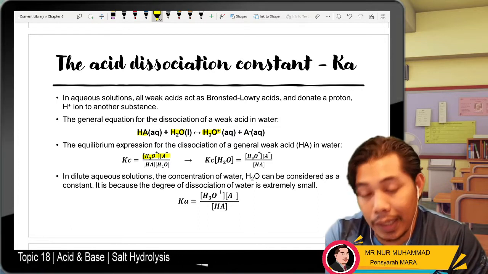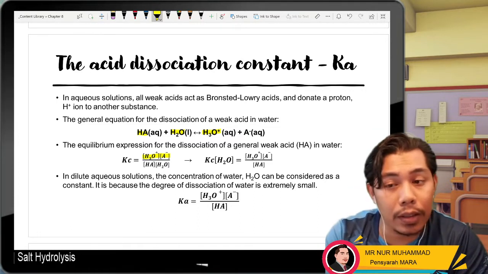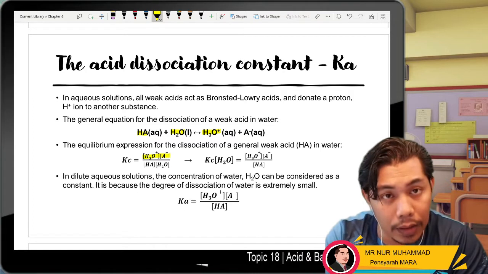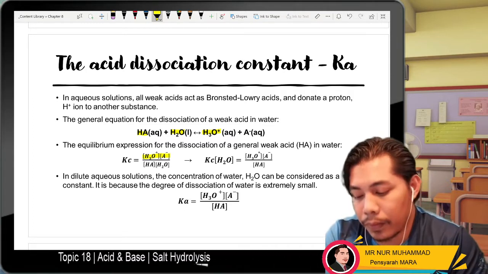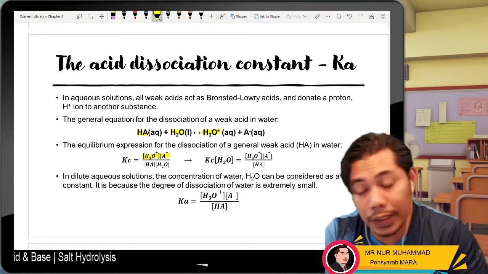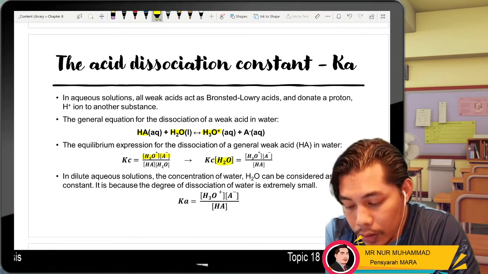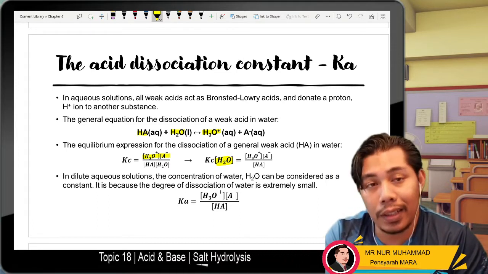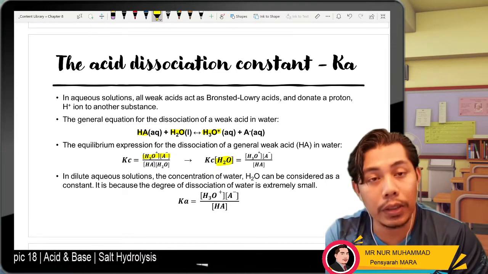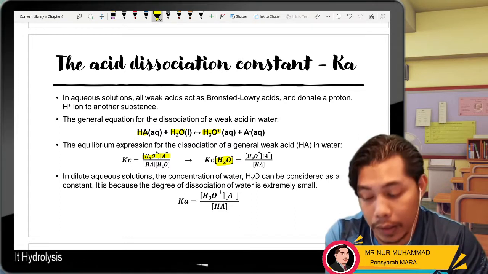But at a temperature of 298 Kelvin, the concentration of water is constant, or I can say that the concentration of water is very low and dilute.